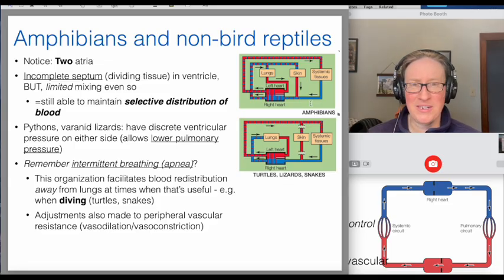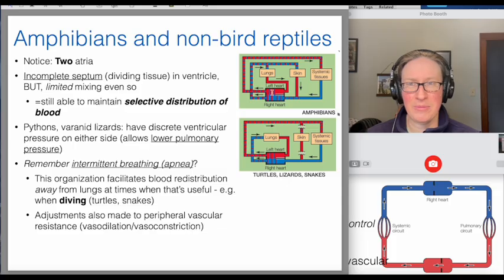A couple of things to notice. As we saw with our frog hearts, we now see two separate atria. This is a little backwards in these diagrams, so bear with the diagrams, right? The left side of the heart and the right side of the heart, we have a left atrium and a right atrium in both of these groups, but a single ventricle.